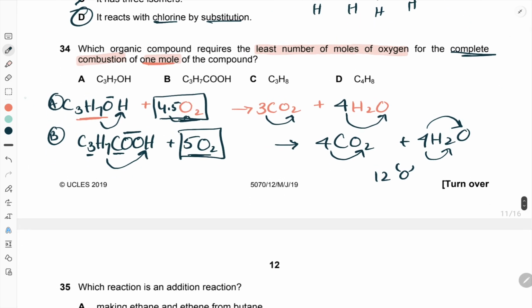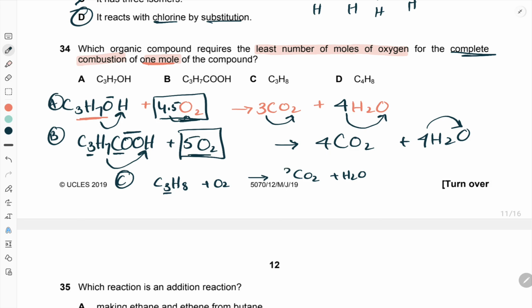The third is C3H8O. When you react it, you will get CO2 and water again. So let's balance this equation. We have 3 carbons. To make it 3, I need to write 3 with CO2.